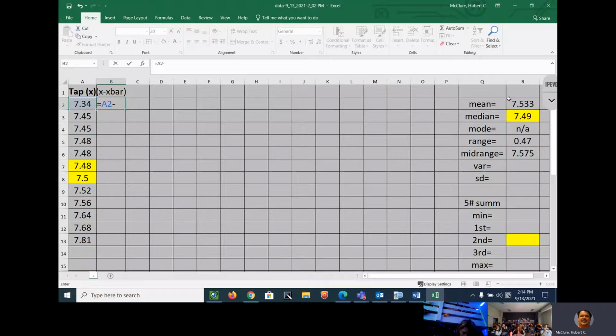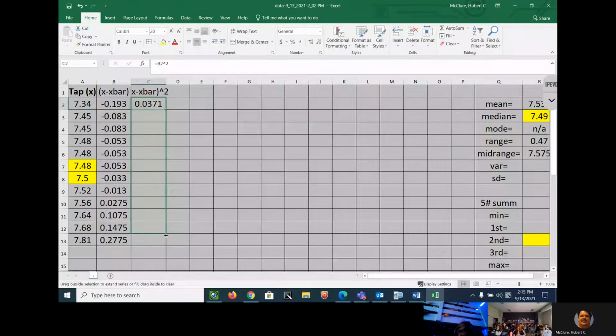And the next one is x minus x bar squared. That's going to equal this raised to the second power. And add all those up.